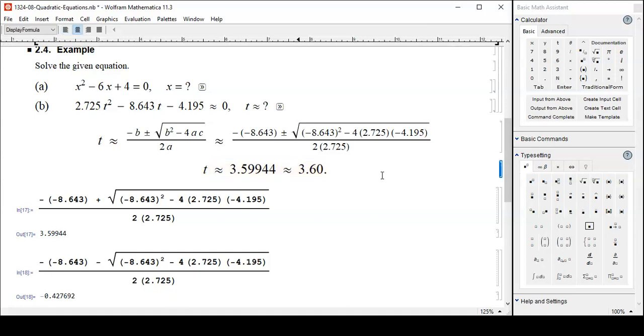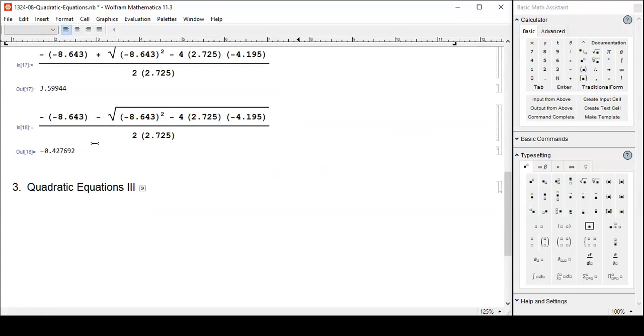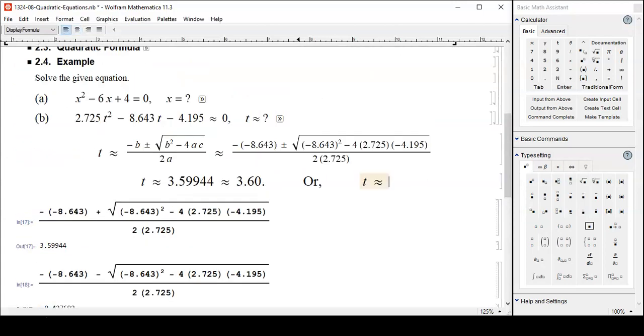Okay. Or t is approximately equal to, yeah, this one, 0.427 something, and that's, oh, negative 0.43, approximately speaking.